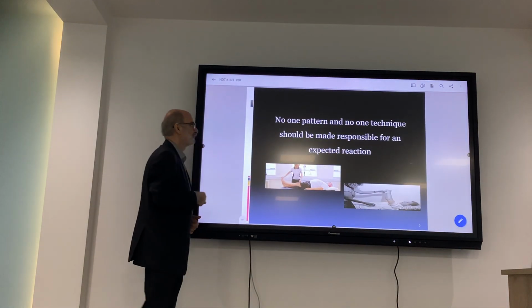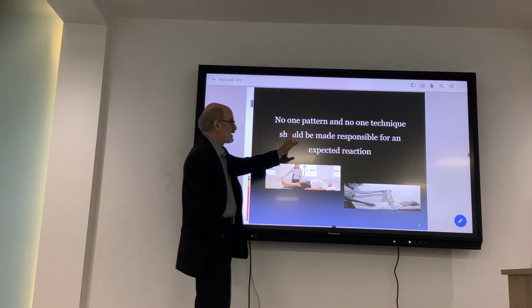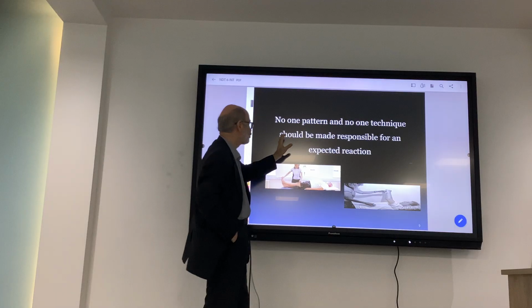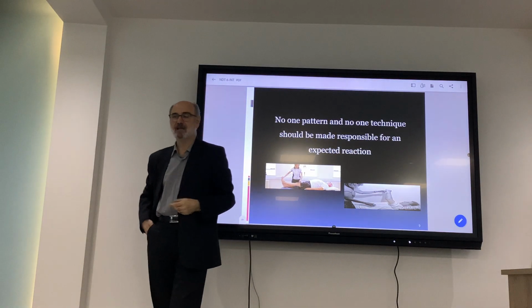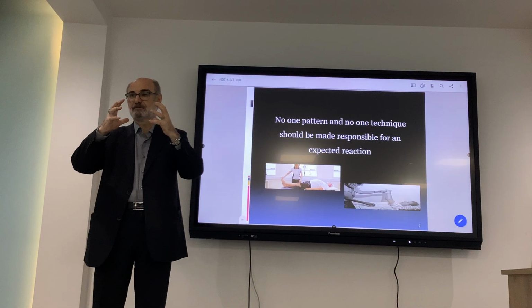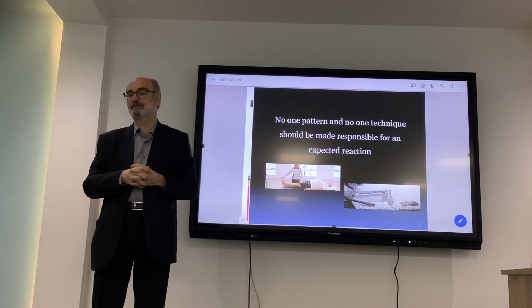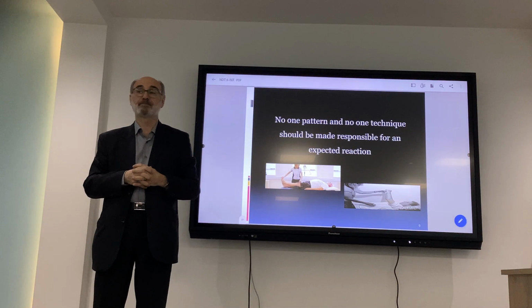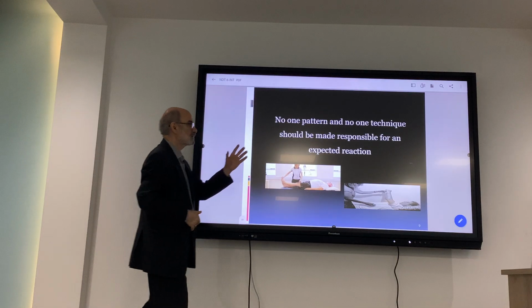Remember that no one pattern and no one technique should be made responsible for an expected reaction. It is the collection of techniques you use that gives an effective outcome in patients with a stroke. Therefore, the collection of techniques applied.